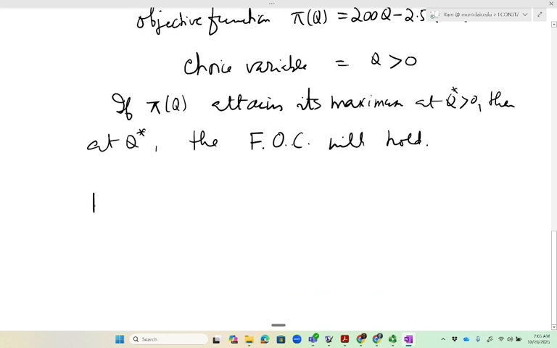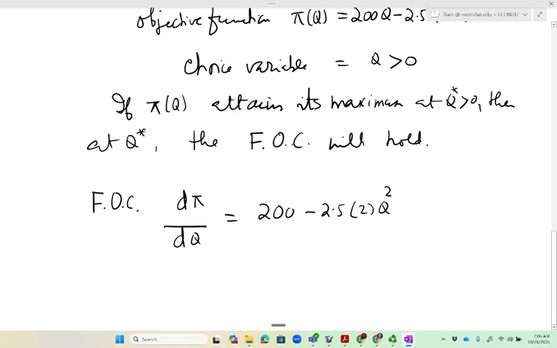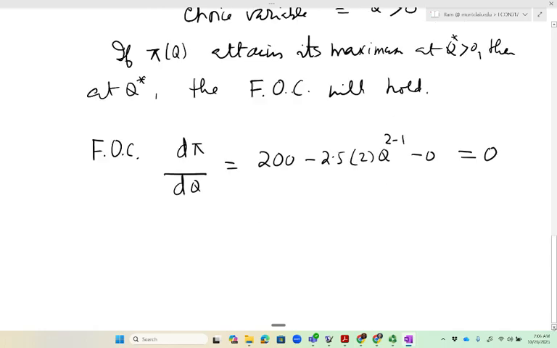So let me write down the first order condition. FOC, derivative of profit with respect to q. The first term is 200q, so the derivative is 200, minus the second term is 2.5q square, so 2.5 times 2 times q to the power 2 minus 1, and then the third term is a constant, so the derivative is 0. And then this must be equal to 0, that is our first order condition.